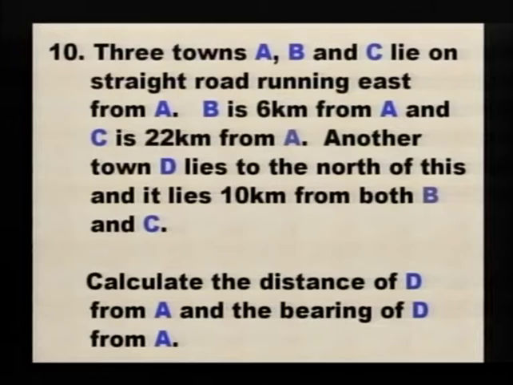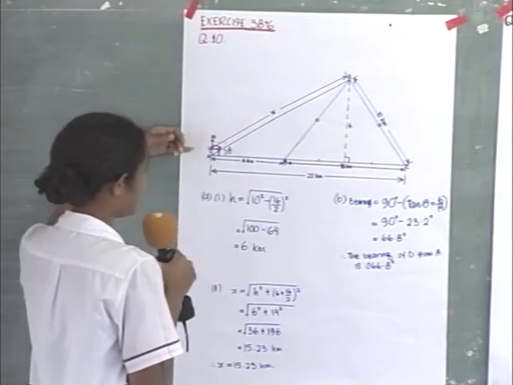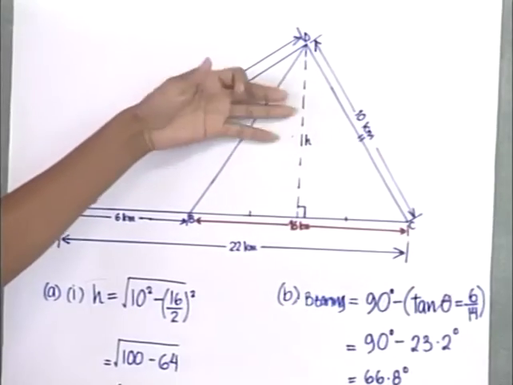Question 10. First, it's asking us to calculate the distance of D from A. Before we find the distance of D from A, we have to find the perpendicular height first.